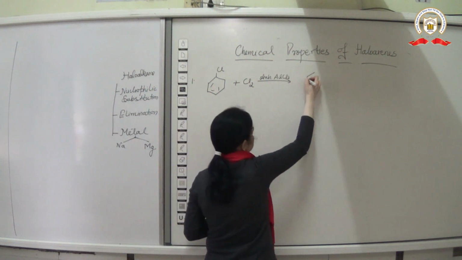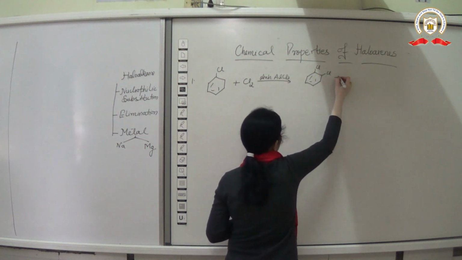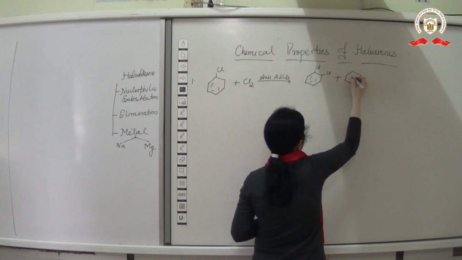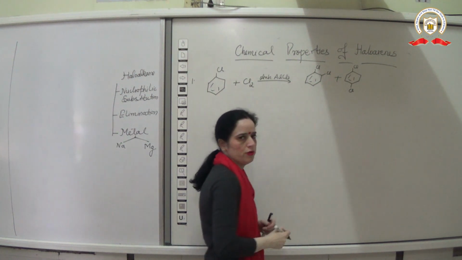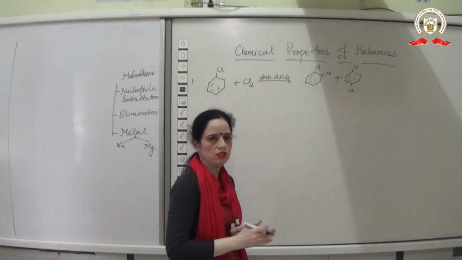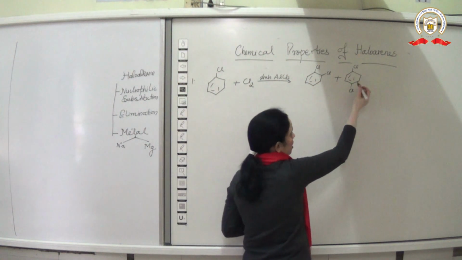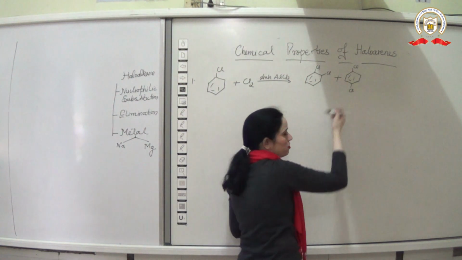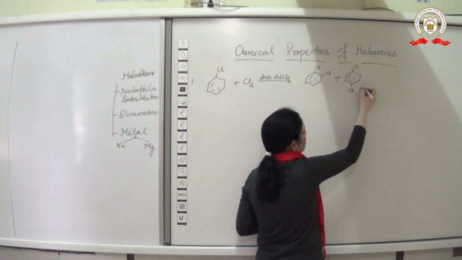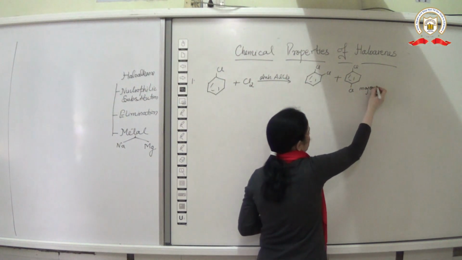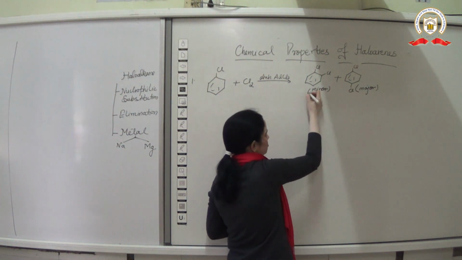Then what we get is one ortho and the other para product. 1,2-dichlorobenzene, 1,4-dichlorobenzene. It is ortho and it is para. Para, symmetry leads to stability, and since it is stable, it is going to be the major product and the ortho is going to be the minor product.